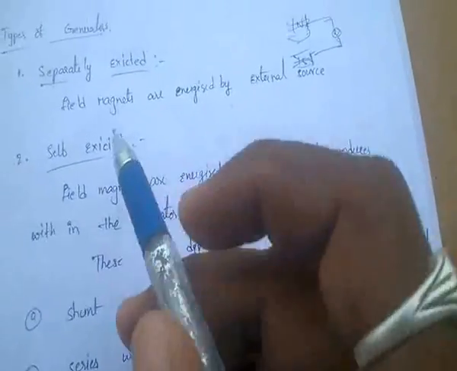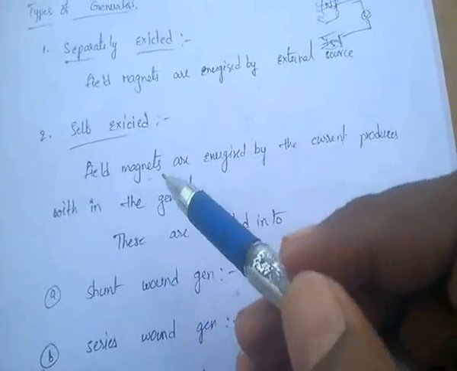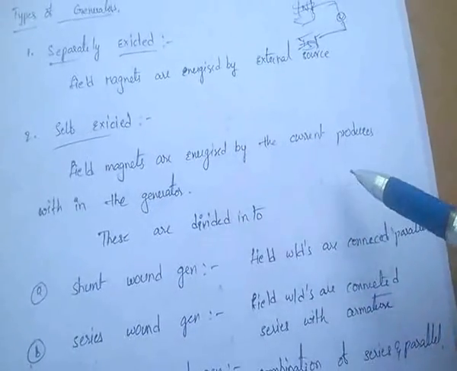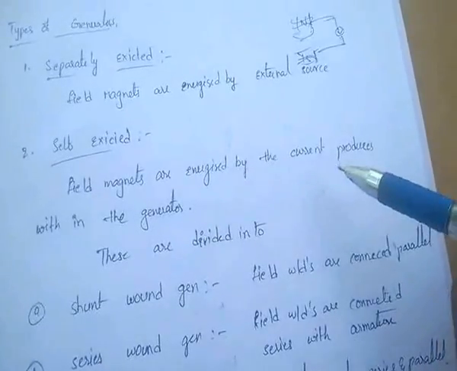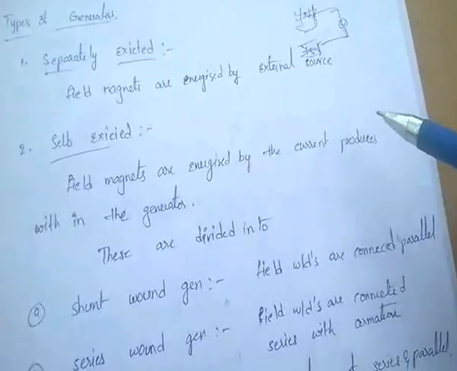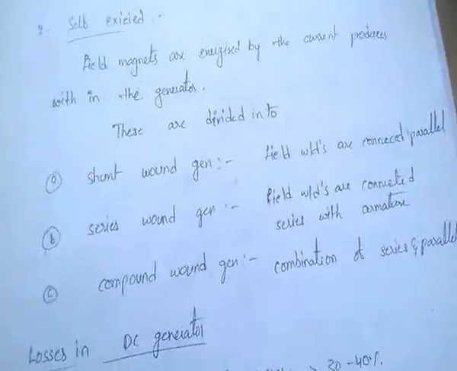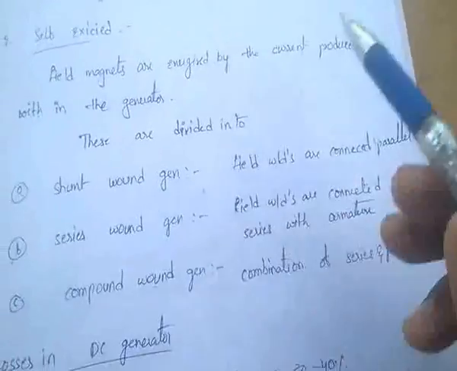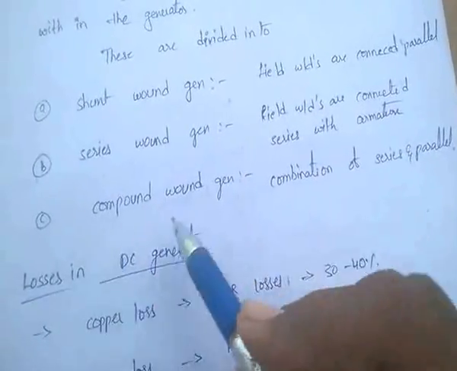Self-excited generators means the field magnets are energized by the current produced within the generator. Actually, the generator generates the electrical energy, and by using that electrical energy, the field magnets are energized. These self-excited are divided into three types: shunt wound generator, series wound generator, compound wound generator.